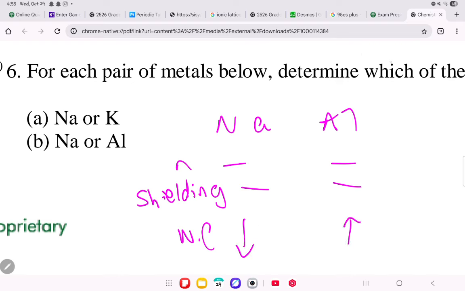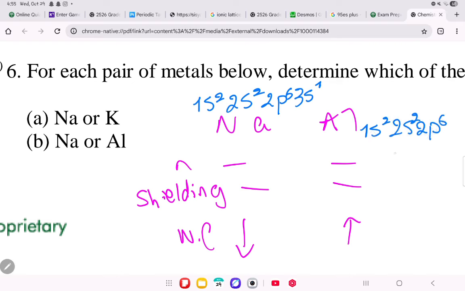If you did the electronic configuration of Na and Al, for Na you would get 1s2, 2s2, 2p6, and 3s1. For Al you would get 1s2, 2s2, 2p6, 3s2, and 3p1. So by looking at this, you can assume that Al is going to have the larger atomic radius.